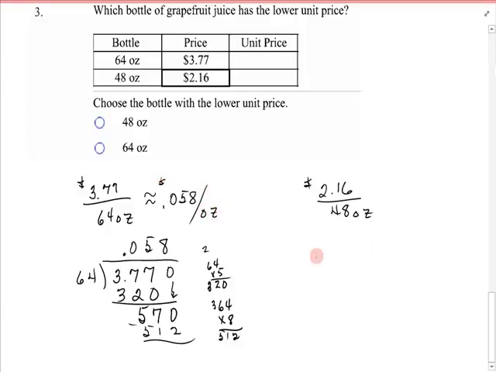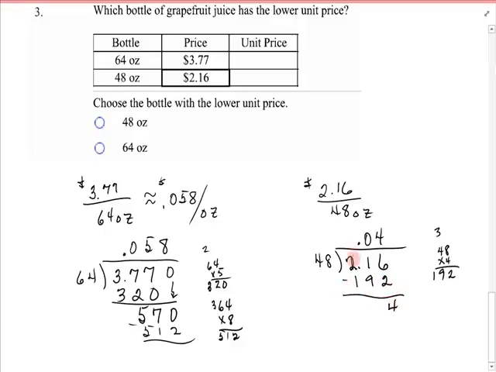On this one, I'm going to divide 48 into 2.16. 48 doesn't go into 2 or 21, but into 216 about, let's see if it'll go 4 times. 48 times 4, that's 32, carry the 3, 16, 19, yes, 4 is good. 4 times 48 is 192.